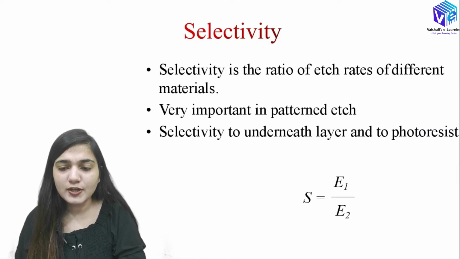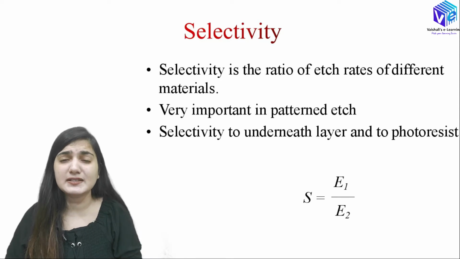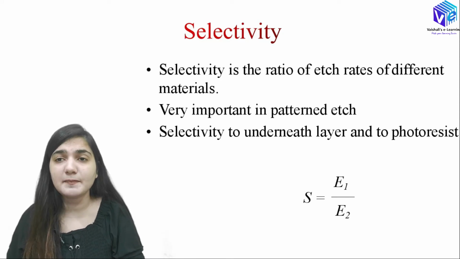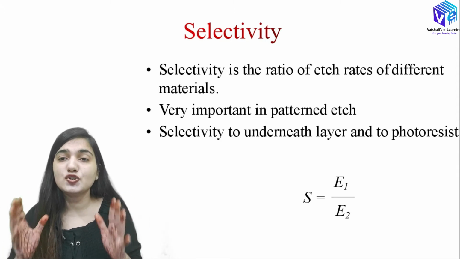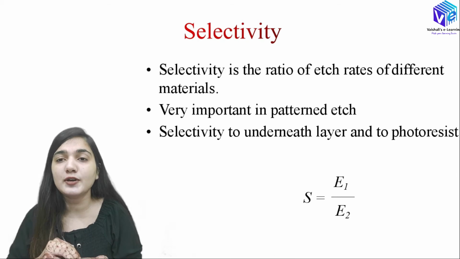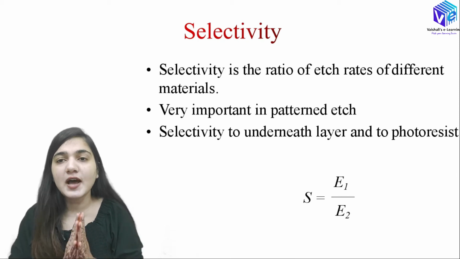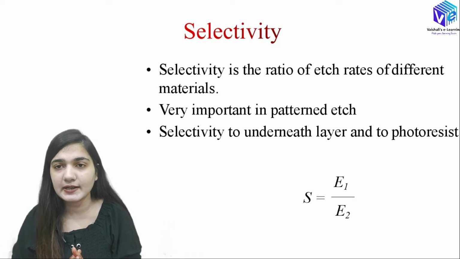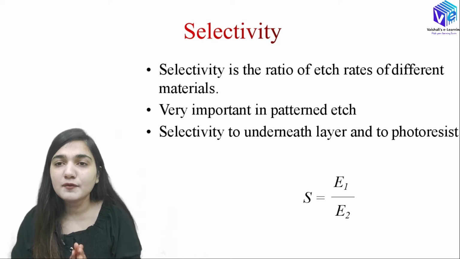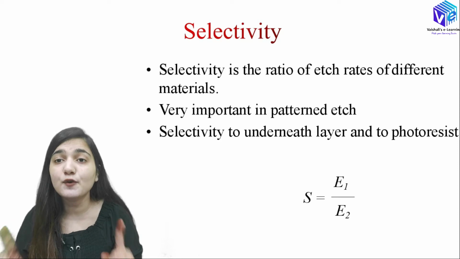Okay, so now coming to the selectivity. Selectivity is a very important parameter. If I am using a chemical or any physical process, this process should be selective to a particular material. For example, suppose I have silicon, and over the silicon I have a silicon dioxide layer, and I want to remove the silicon dioxide layer only.